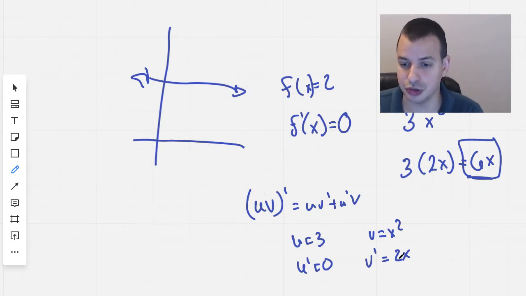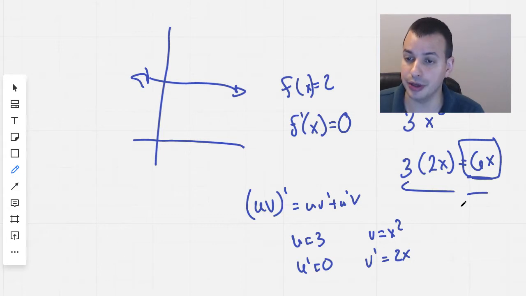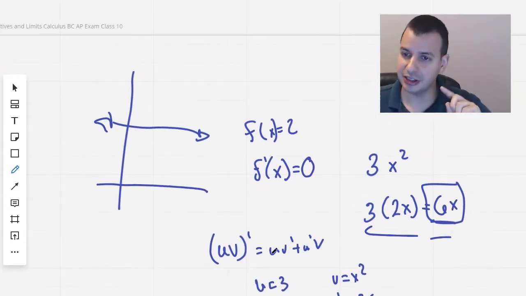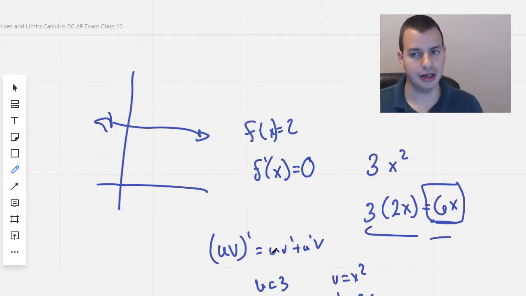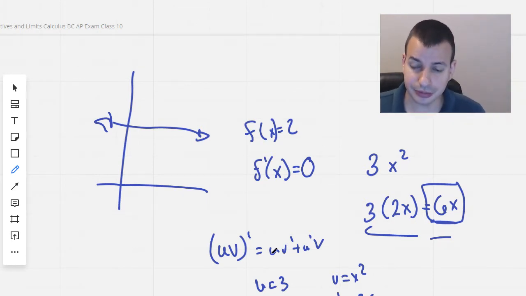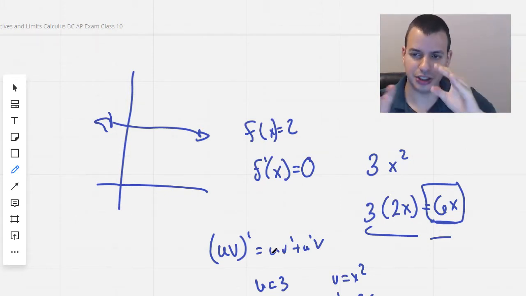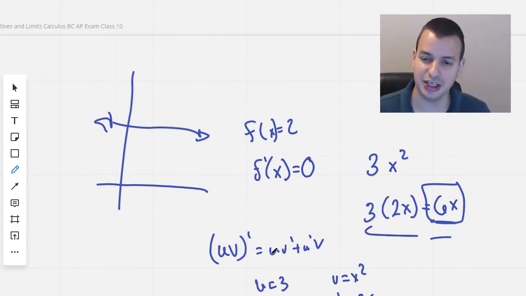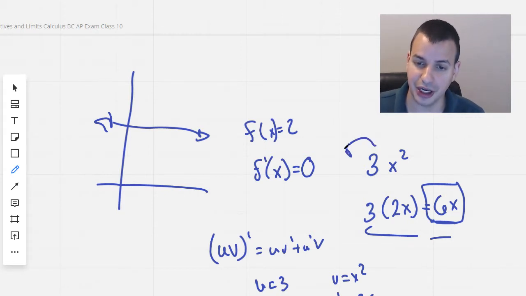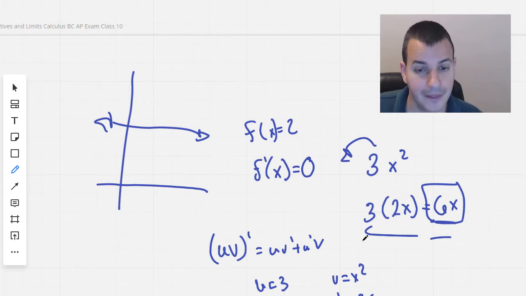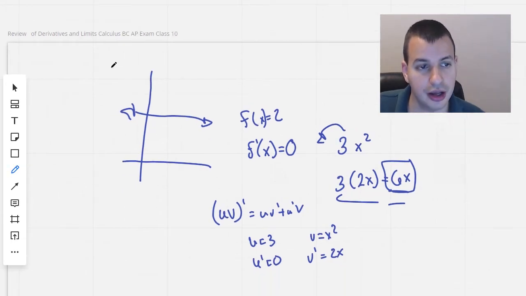So all you're left with is 3 times 2x, which is 6x. So it's easier and quicker and more efficient and less prone to human performance traps when you just view it visually: take the constant, feel like you're factoring it out, taking the derivative, and then putting it back in. So that's the idea with constants.